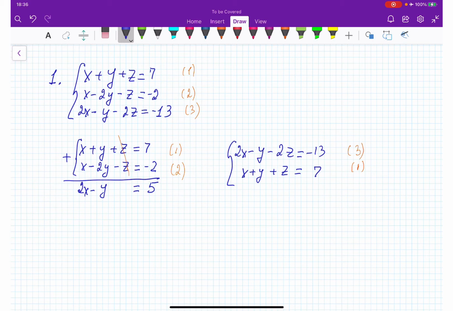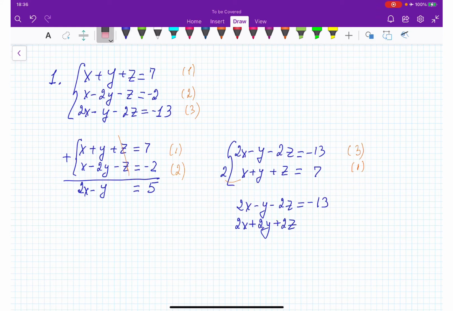So what we're going to do, I need to multiply the first equation by 2, because I need to get plus 2z, right? It's going to be 2x minus y minus 2z is equal to negative 13, and 2x plus 2y plus 2z. What am I doing here? I am multiplying every single term, yes?